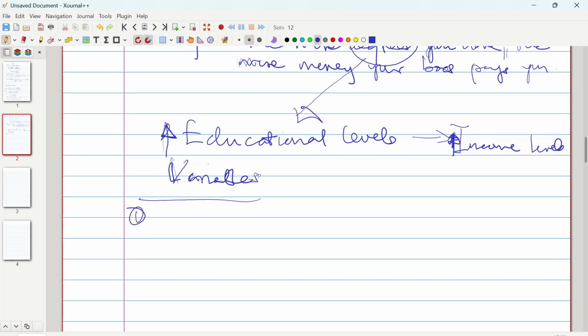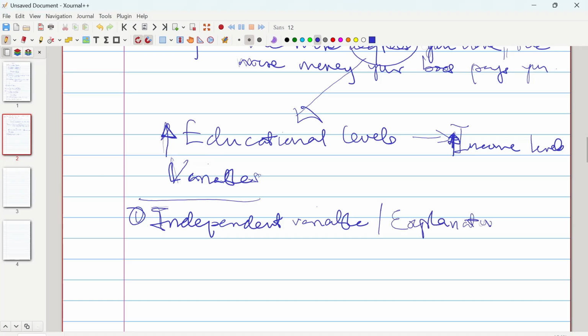The first variable we are interested in is called the independent variable. Others would also call this the explanatory variable. You may also want to call it a factor. Either works, right? You can call it either of these.